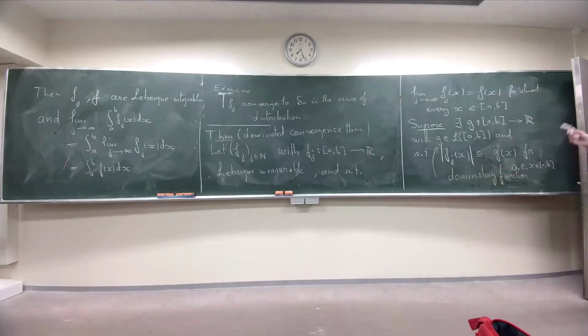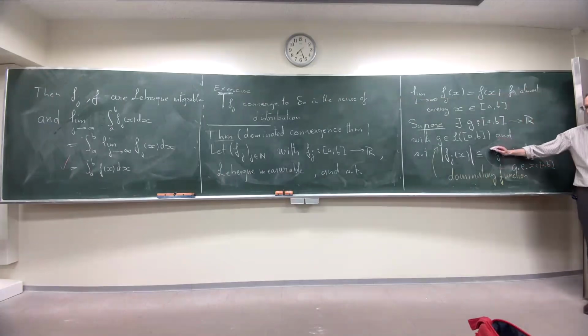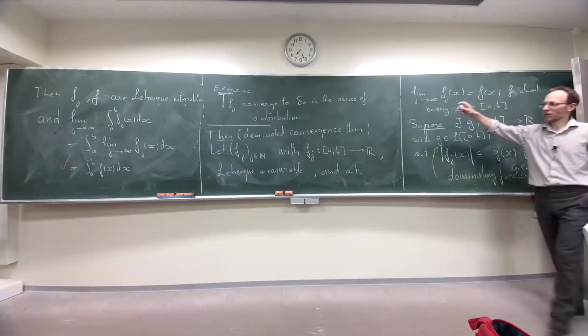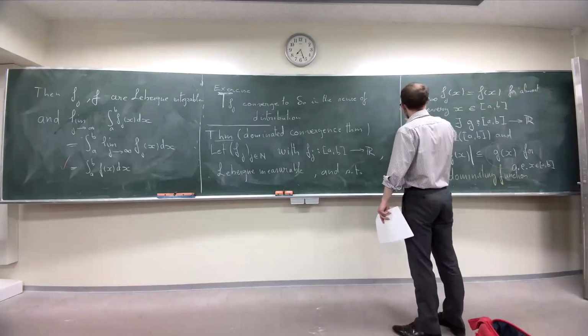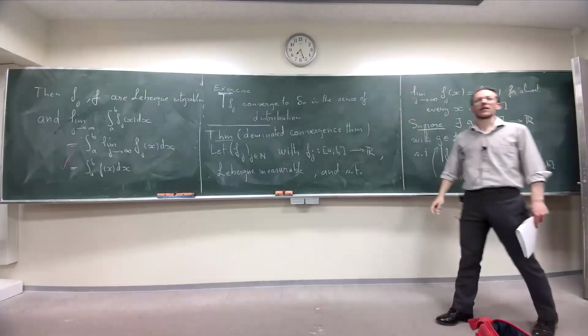Can you show me a counterexample where, if you don't have this condition, it cannot be true? A family of functions where you cannot exchange this. Exactly the example I showed before with this j times characteristic function.